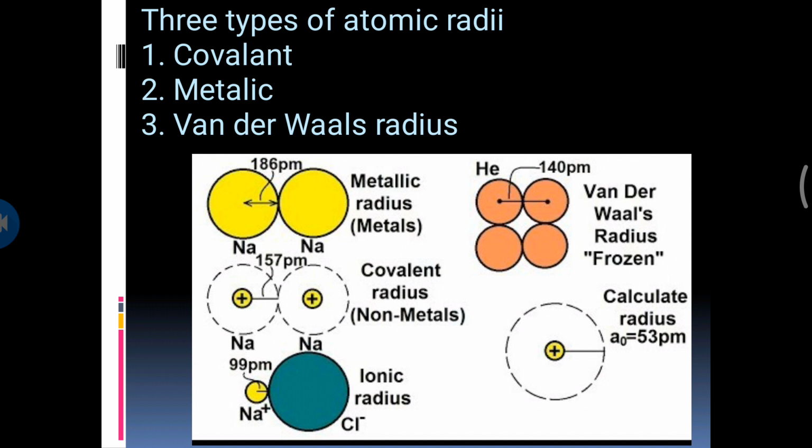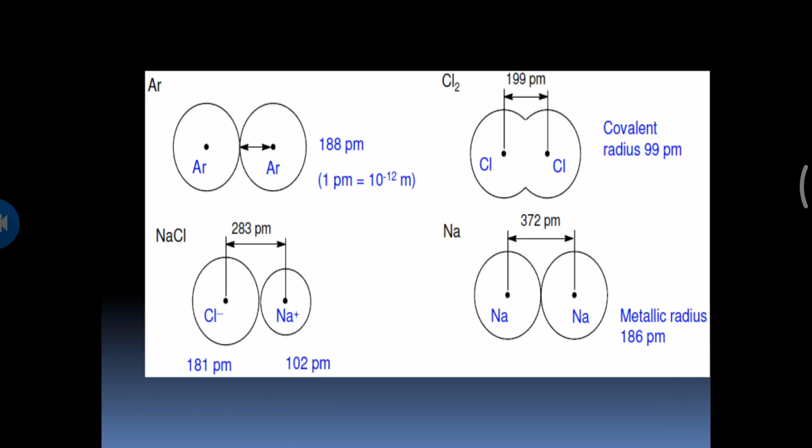Now on the right-hand side I am showing argon, argon atoms. It is a van der Waals type of radius. So from argon nucleus to argon nucleus, this is the van der Waals radius, where the molecules are held together.